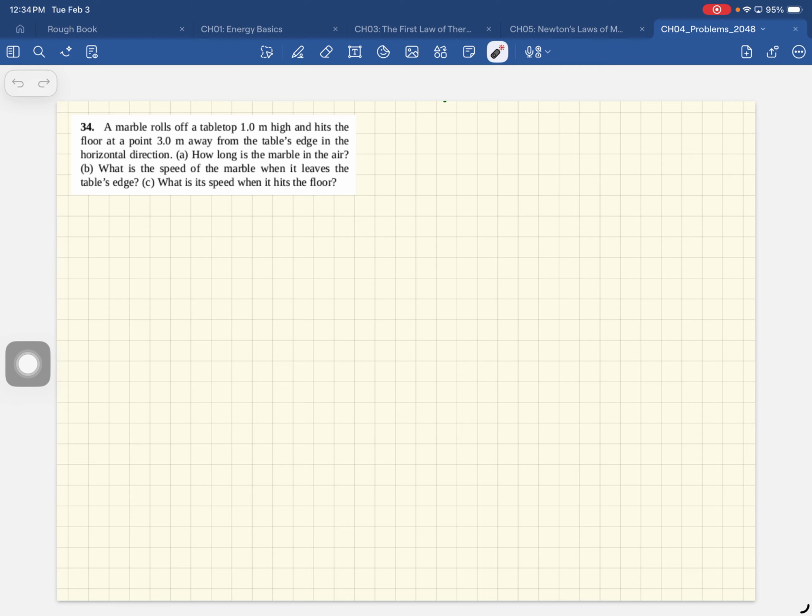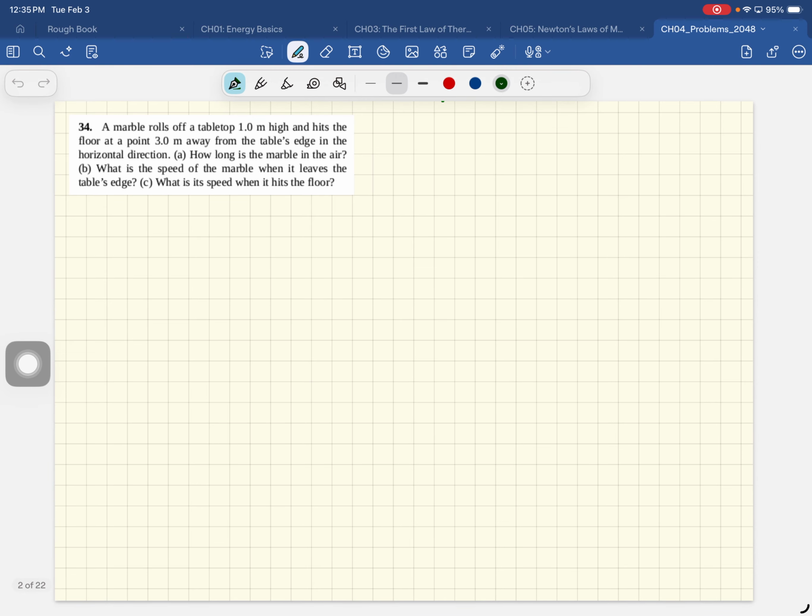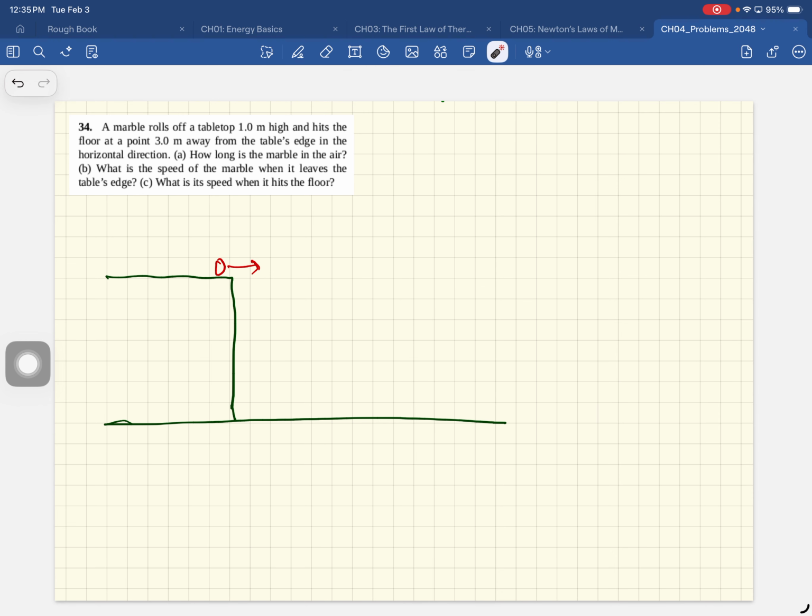Okay. So let me do a diagram first. Okay, so when the marble leaves the table, what is the trajectory of the marble?